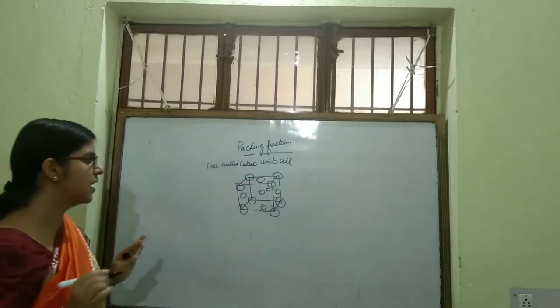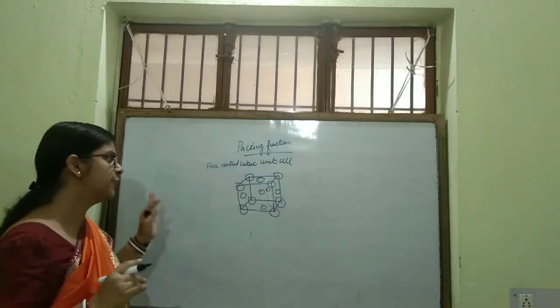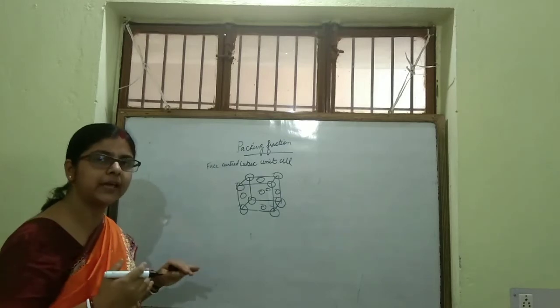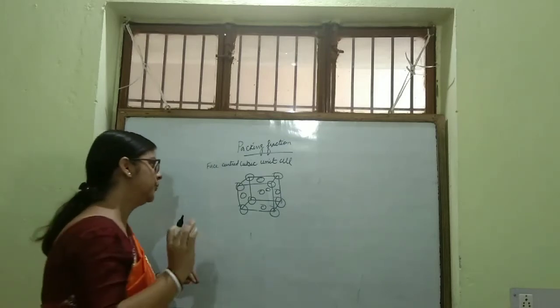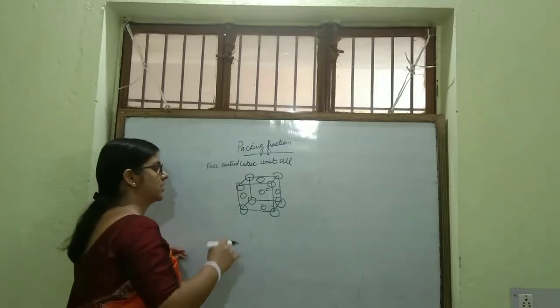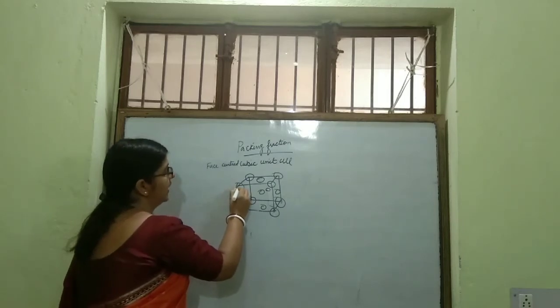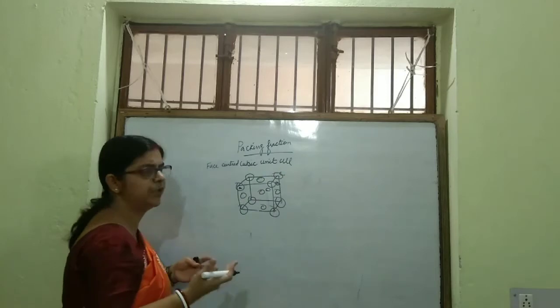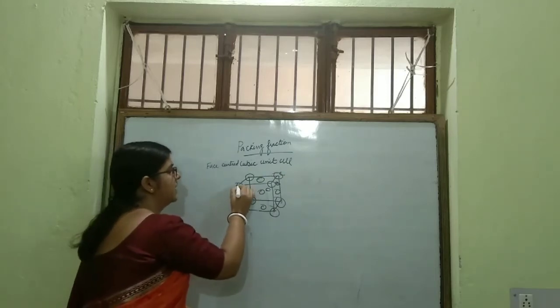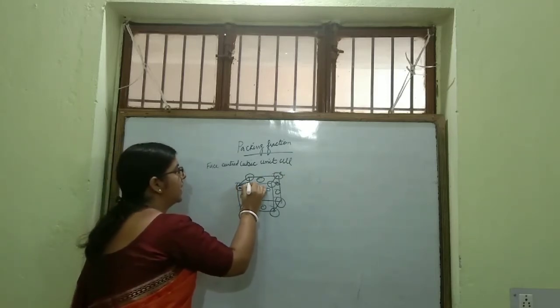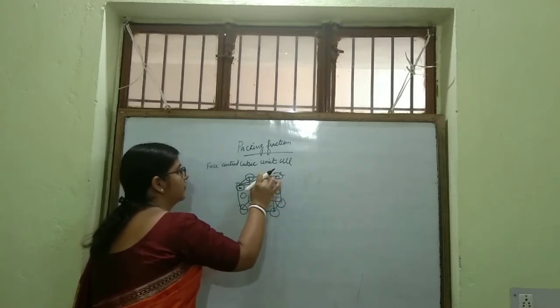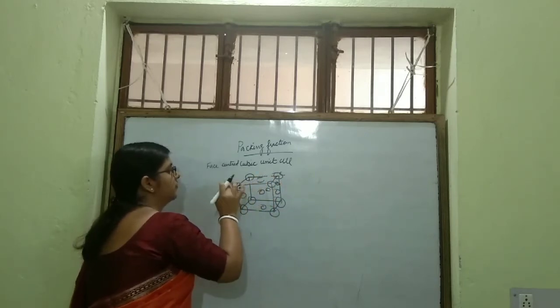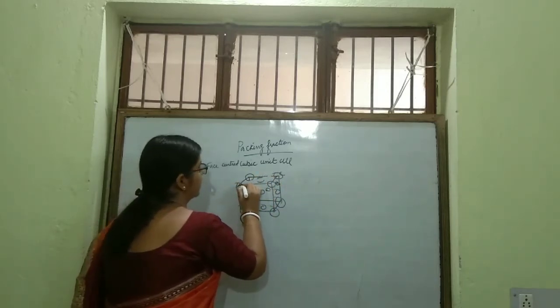Okay. Now, you see, to derive the packing efficiency value, we will have to do some construction. Here, you write A, B, C. Anything you can write, P, Q, R or X, Y, Z. And you put a line over here. This is the face diagonal.